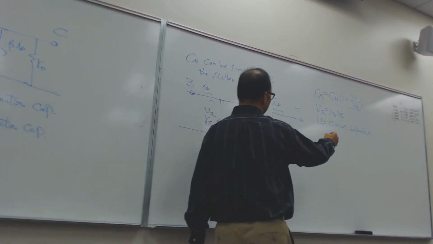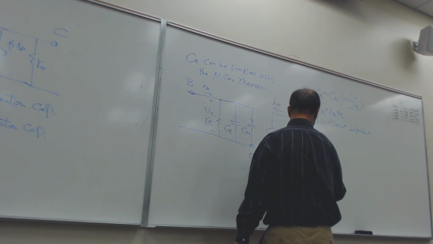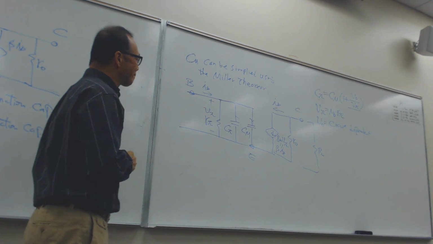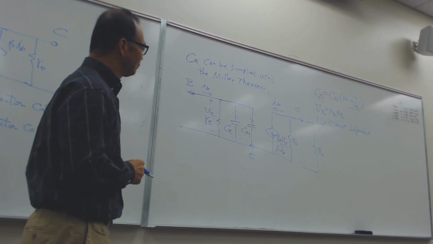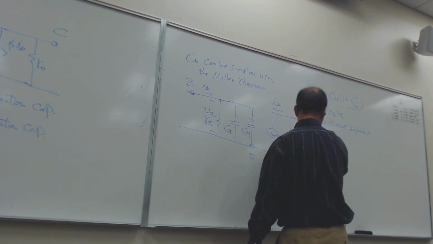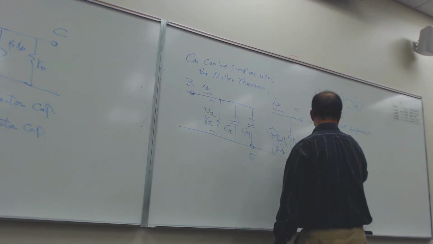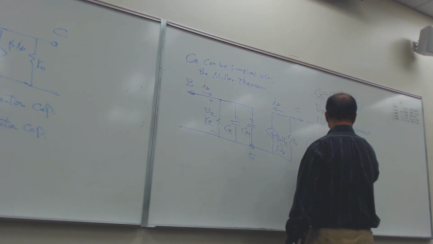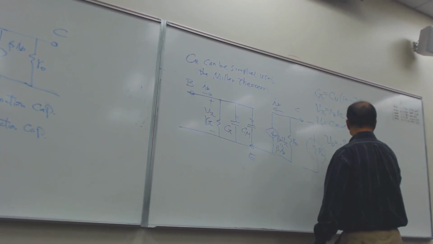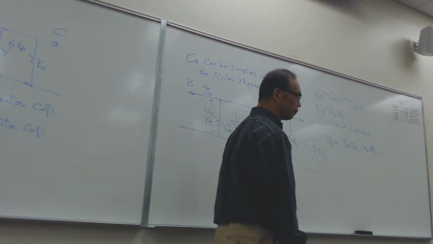Now, just an example. Let's say you have an R sub L here. Then what is C sub pi? If that's the case, then your V sub O will be minus g sub m V sub pi times R sub O in parallel with R sub L, correct?